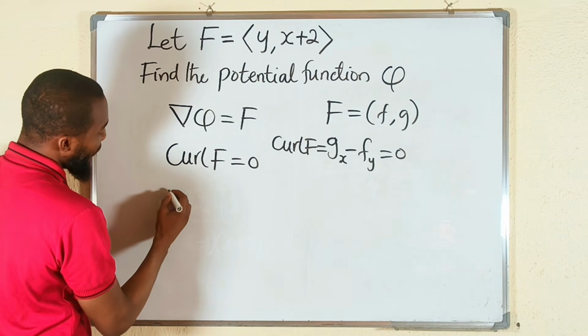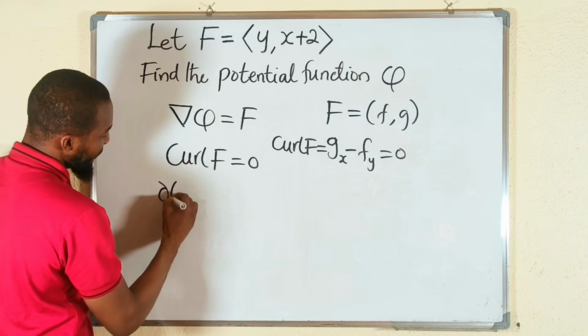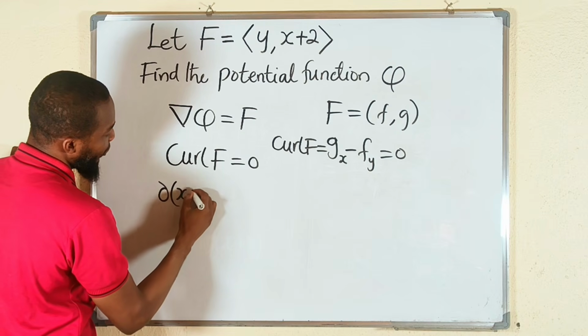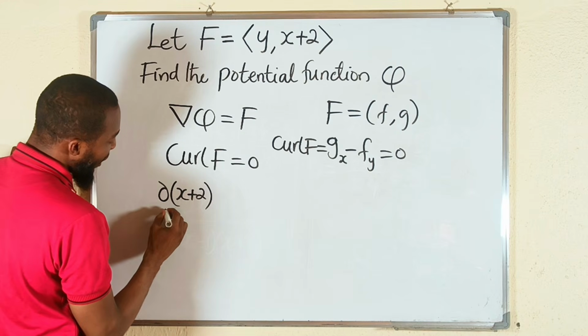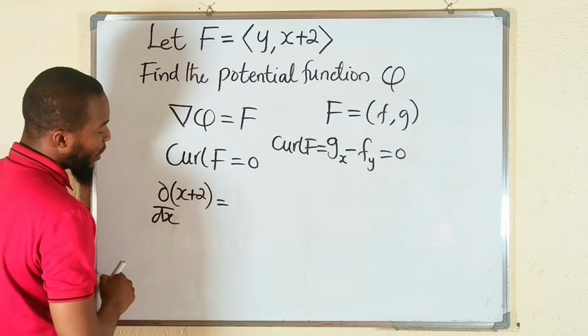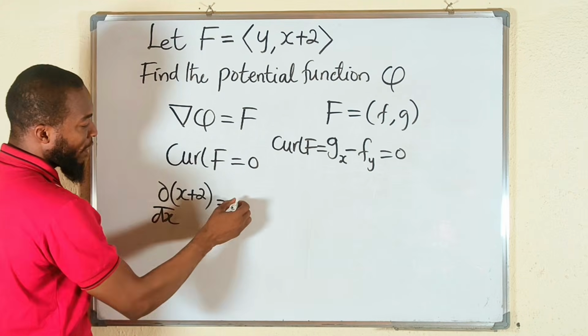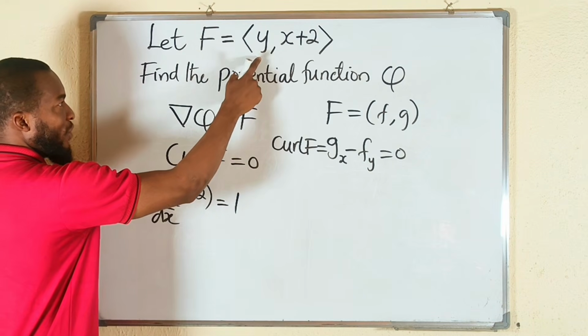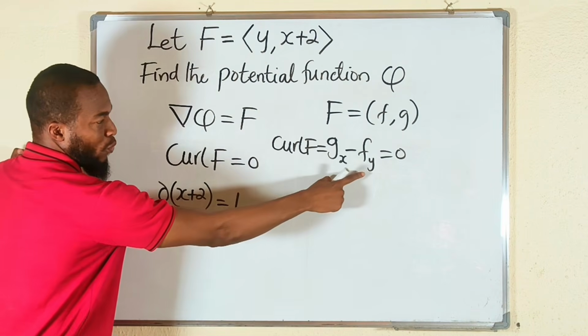So we are going to differentiate x plus 2 with respect to x. With respect to x, this is equal to what? 1, right? And we're going to differentiate the first one with respect to y.